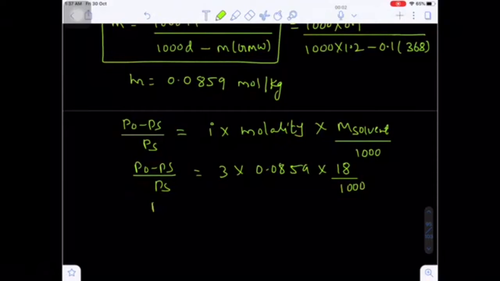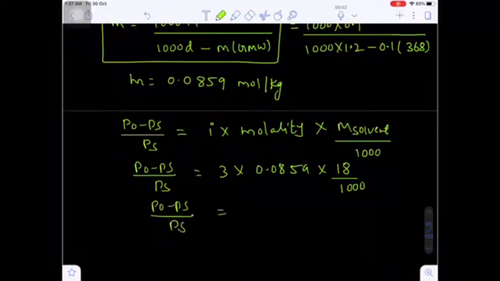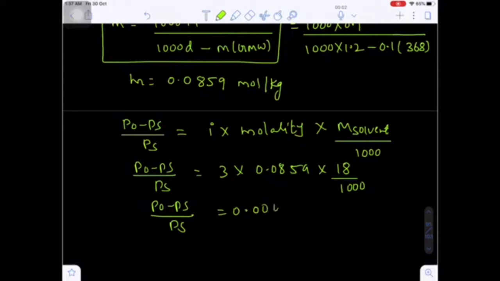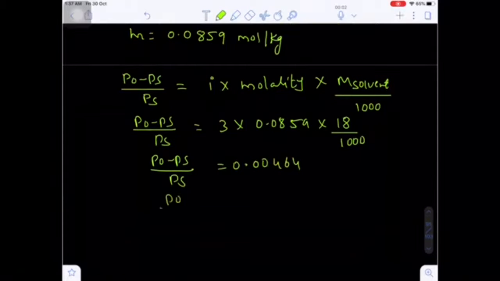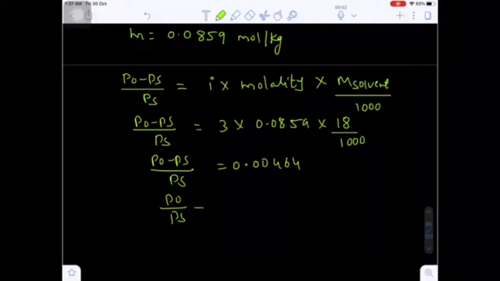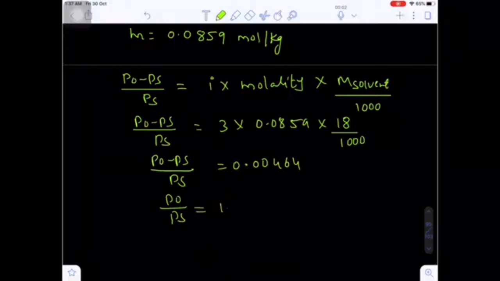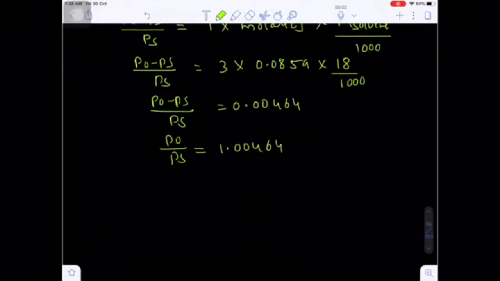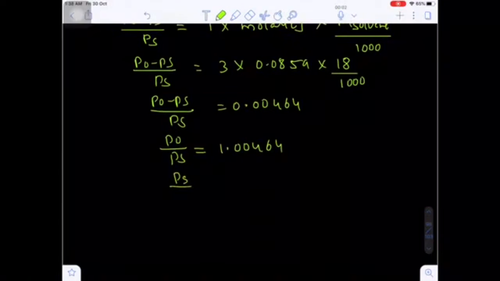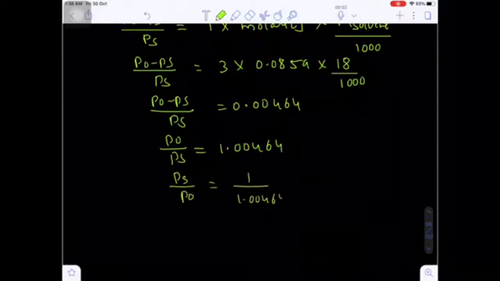After simplification, (P naught minus PS) by PS is equal to 0.00464. Now here P naught upon PS minus PS by PS is equal to 1, so bring the 1 to the right hand side. You will get 1.00464. Yes or no? Now I am interchanging the numerator and denominator. So PS upon P naught is equal to 1 upon 1.00464.